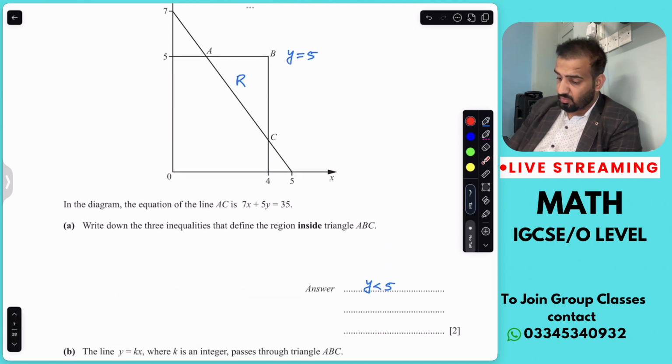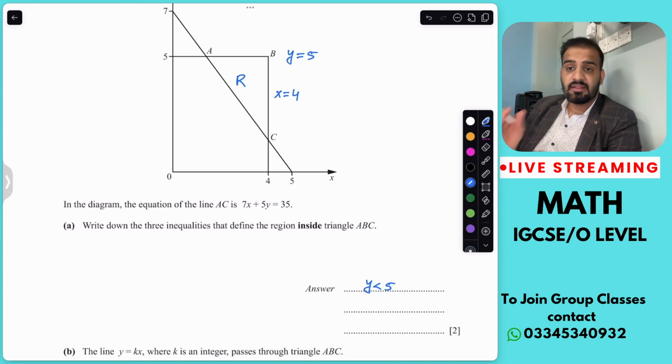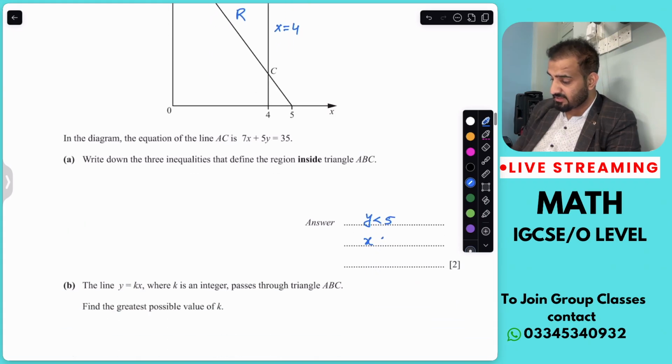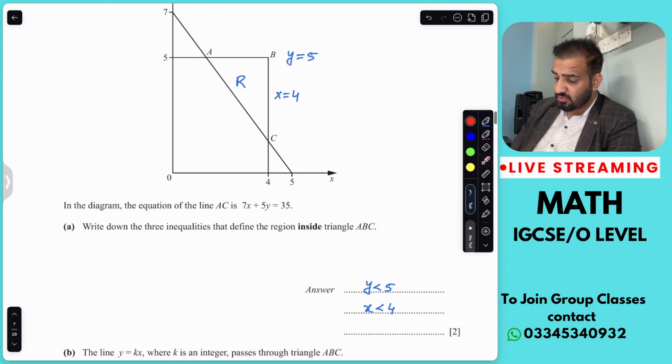The region R is below the line, so I will write y less than 5. Okay. What is this line? This line is a vertical line, which is x is equals to 4. The region R is on the left side of this line. So it means I will write x is less than 4. Now I am interested to look at this line.